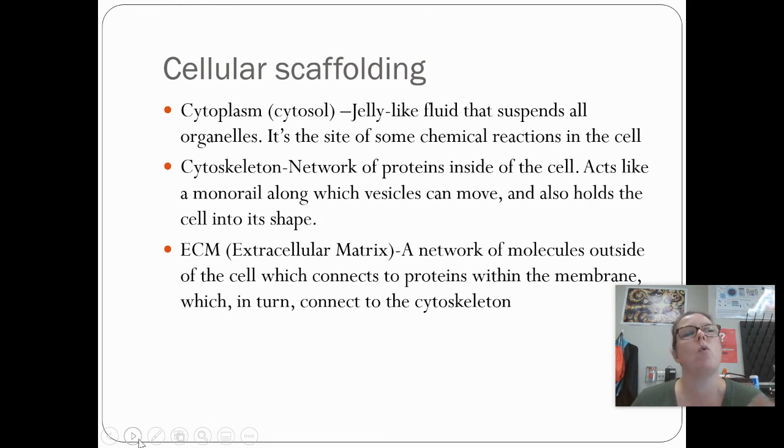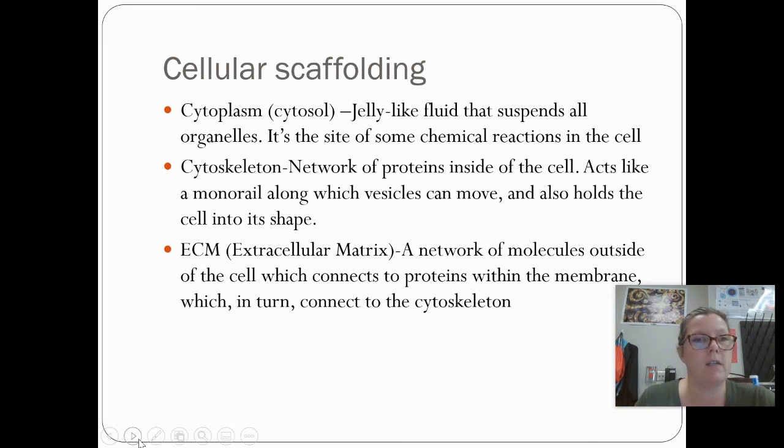You also have some organelles that are there for scaffolding, such as the cytoplasm, right? That's the jelly-like goo that everything is floating in in the cell. And then there's also a network of actual protein scaffolding called the cytoskeleton, which is a network of proteins that hold the cell up into its shape.